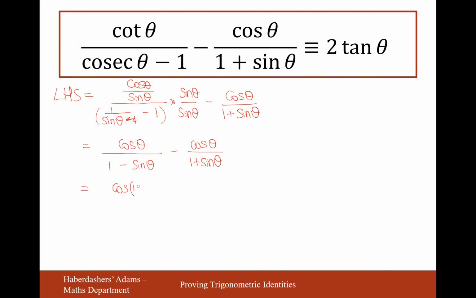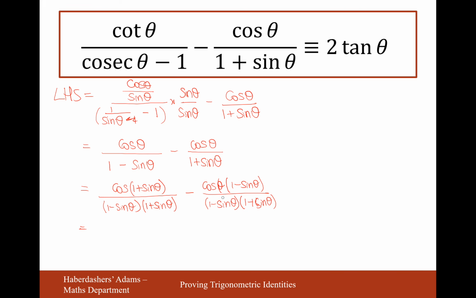It's going to be cos theta bracket 1 plus sine theta over 1 minus sine theta times 1 plus sine theta. That would be the left-hand fraction, and on the right-hand fraction it's going to be cos theta bracket 1 minus sine theta over 1 minus sine theta times 1 plus sine theta.